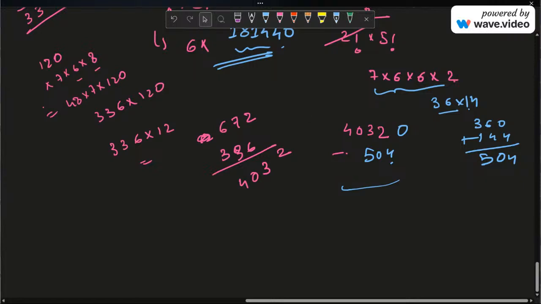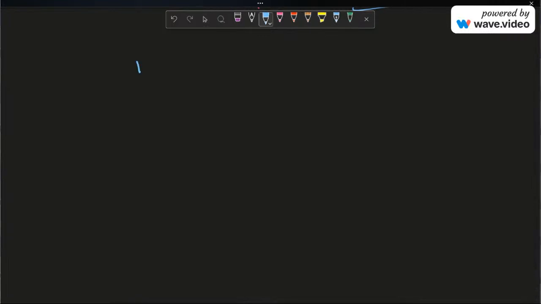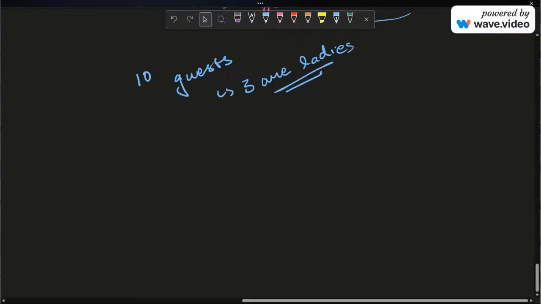Now, 10 guests are to be seated in a row, of which 3 are ladies and the rest 7 are men.